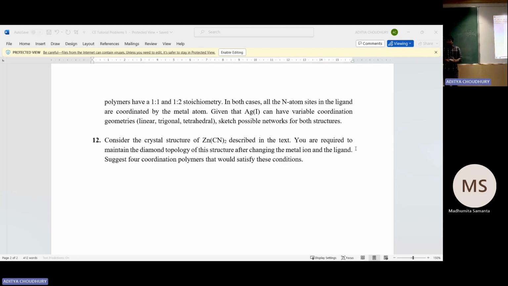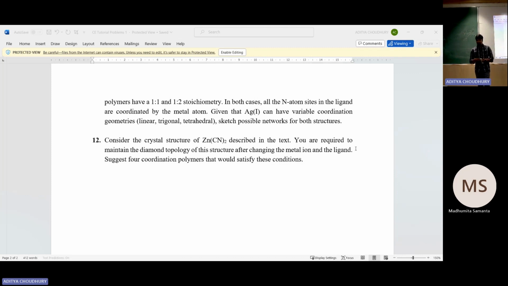Usually gold doesn't, according to me. I've worked on gold for some time. On one side you can put nitrogen-related ligands, the other side is carbon, then it is linear. It is possible. Cyanide is the one you can put on both sides, but I haven't seen gold in MOFs.